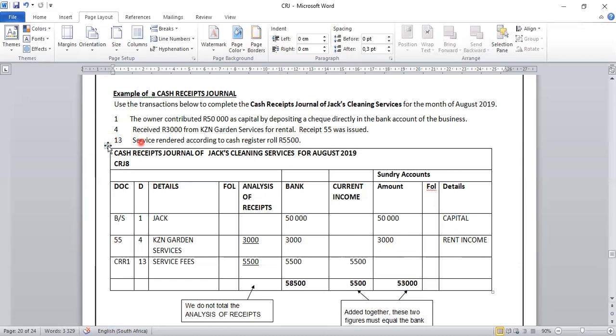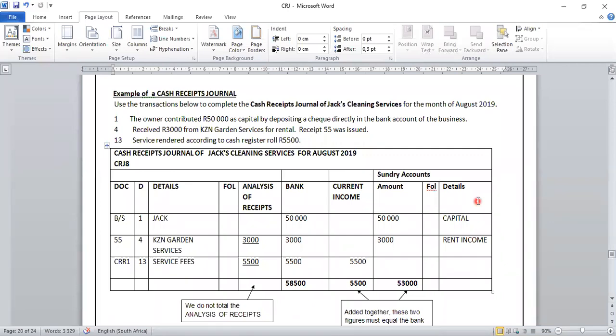Next transaction, on the 13th: services rendered according to cash register roll, 5,500. Learners, as we discussed earlier, the source document for all the services is the CRR, which is the cash register roll.